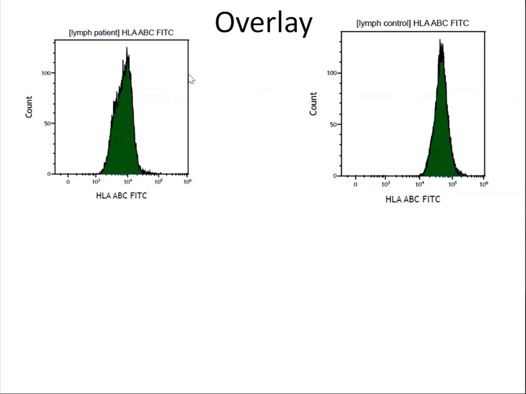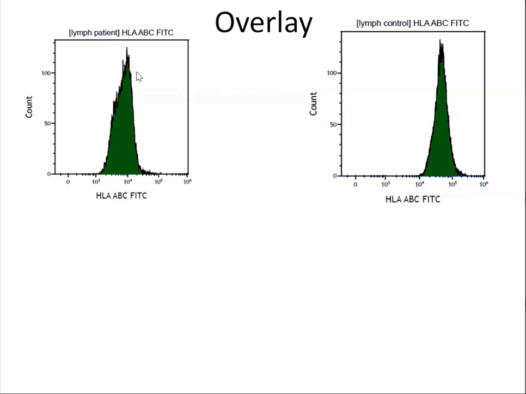Now see, what is the overlay? I told you something called overlay, right? Overlay is to compare two histograms or two dot plots to check the intensity of two different populations. For example, this is the lymphocyte expression of HLA-ABC in a patient, and this is the lymphocyte expression of HLA-ABC in a control.